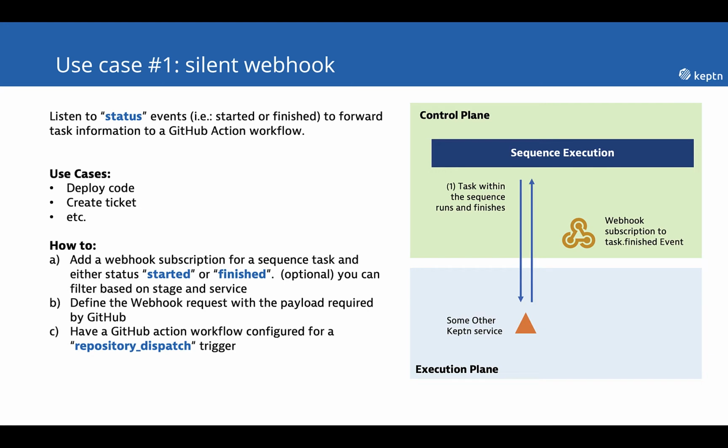As it sends back its finished event, this is where we've configured a webhook that has a task finish subscription that's going to call the API of a GitHub action workflow to trigger a test run. On the left, you can see some of the details which I'm going to walk through: the GitHub action is configured for listening to what's called a repository dispatch trigger, and then we can just perform some simple logic to demo that.